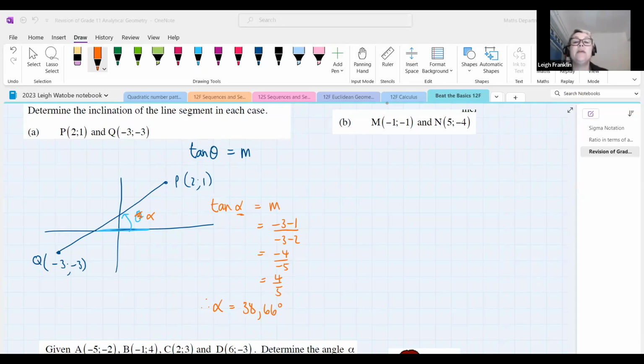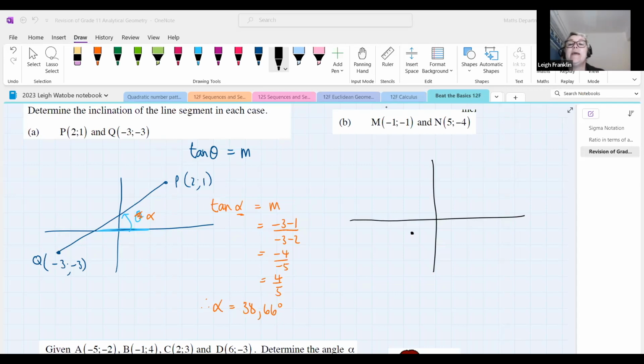All right, now let's have a look at this. So 1 and -1 would be somewhere over there. Good, well done. And 5 and -4. So that means that we have to be in quadrant 4.